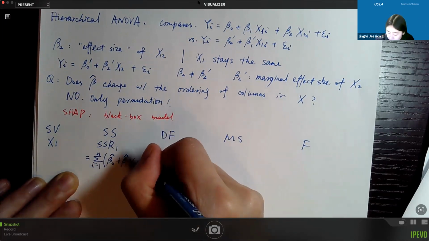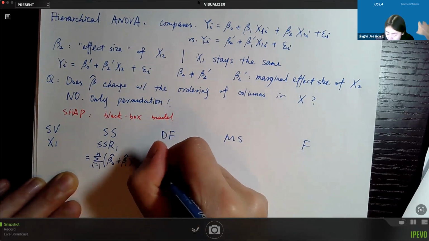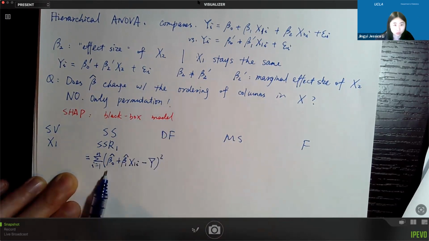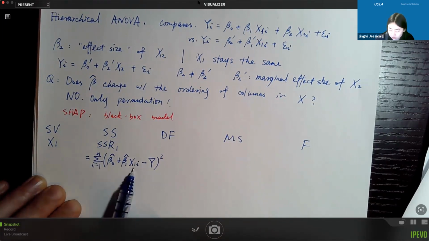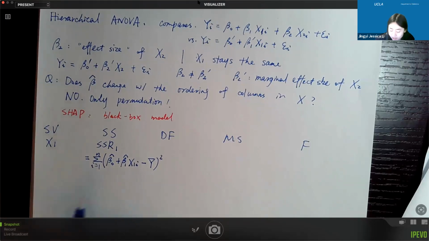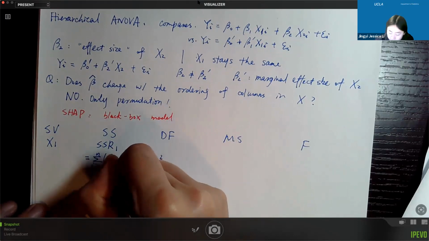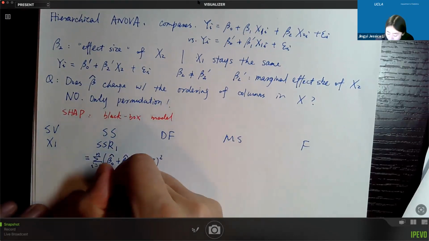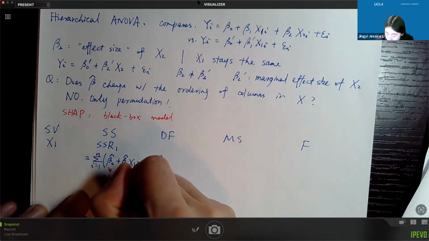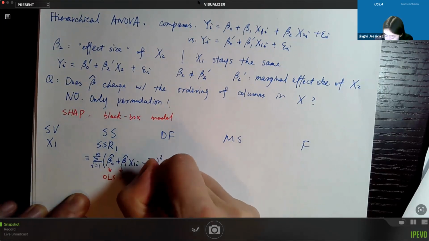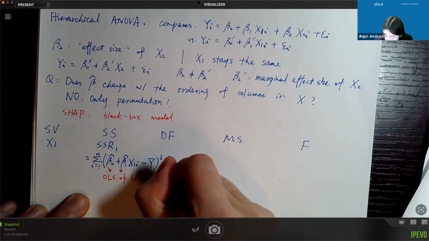And this is your fitted value minus y bar squared. That's SSR1. So you're only using the fitted value by including x1 only. But just to be sure that you understand, this beta 1 hat is still from the OLS of beta 0, beta 1, beta 2 together.